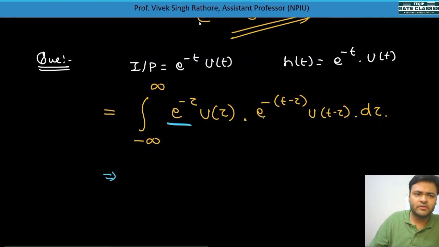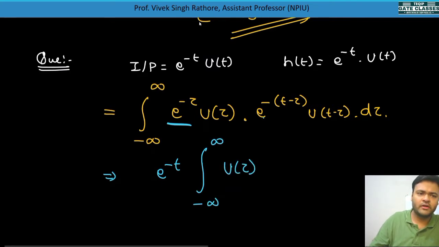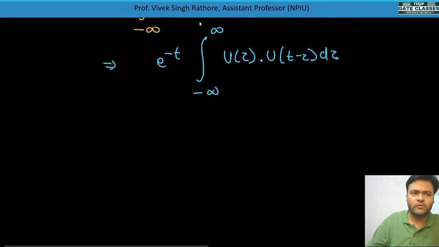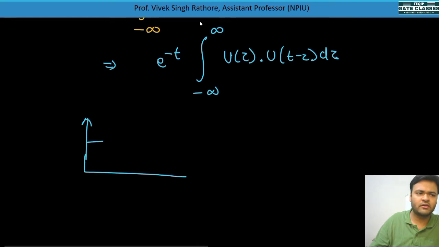The main thing is e to the power minus t will be there, but it is overall with d tau, so e to the power minus t will be constant. It can come out. You can take e to the power minus t outside. Minus infinity to infinity, u of tau and u of t minus tau d tau will be there, everything else is outside. Now u tau into u(t minus tau) will be a pulse signal from 0 to t.